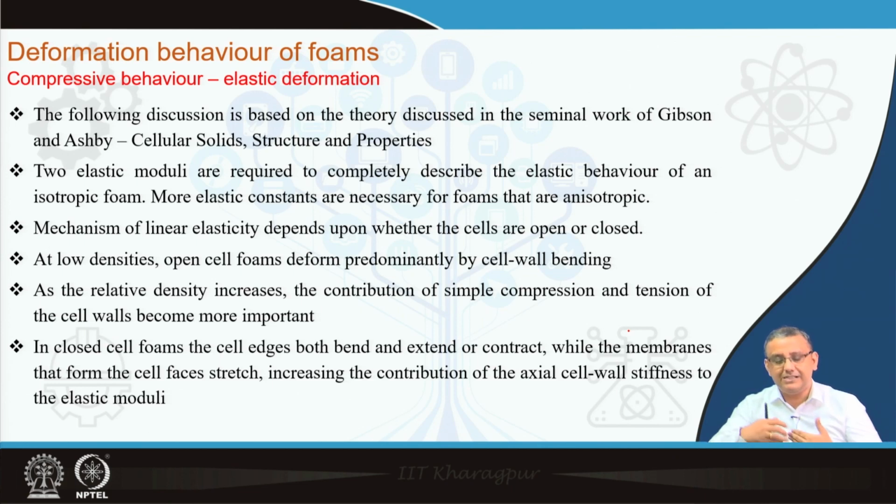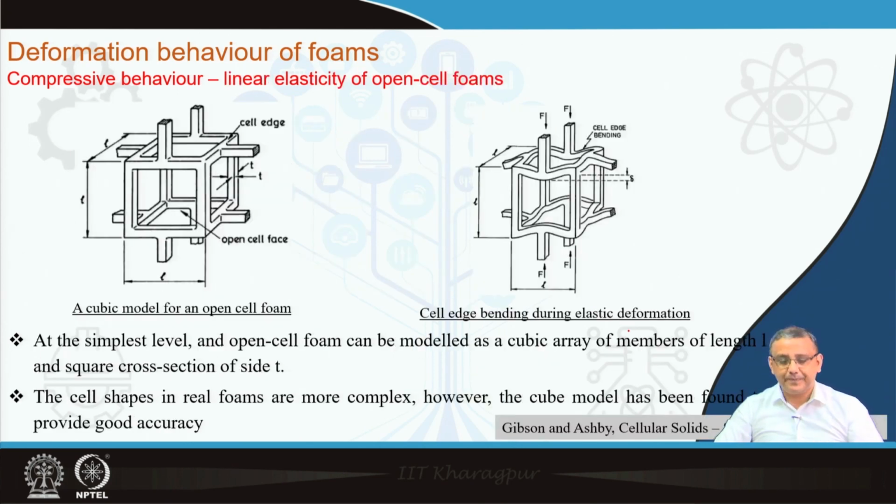Because of the stretching of the cell faces, that will give rise to more strength and more modulus, and that is why the theoretical strength and modulus of the closed cell foams should be a bit higher than the open cell foams.